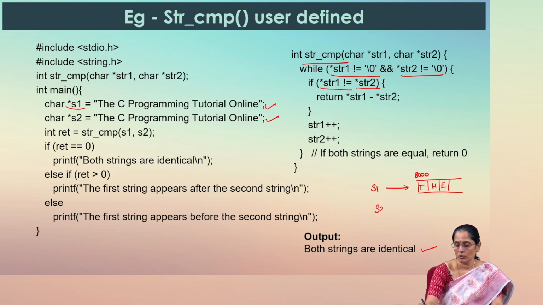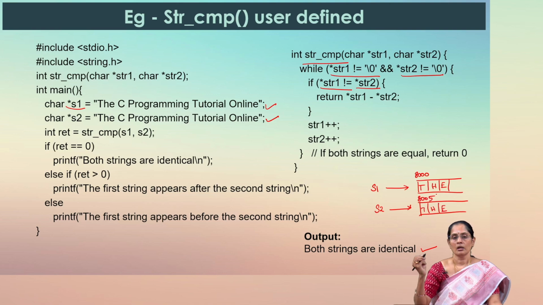I am taking one more pointer variable S2 which also points to the same content, okay, but the locations are different. Okay. The location, let us say that it starts with 8005 for example, or maybe 9000, right.